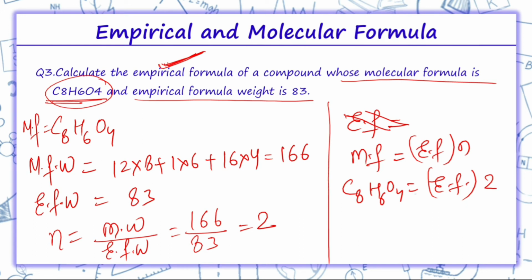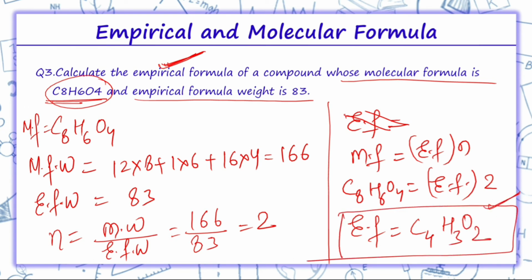So obviously we'll take common 2 from here. So the empirical formula will be C4H3O2. So this is the empirical formula when the molecular formula and empirical formula weight are given.